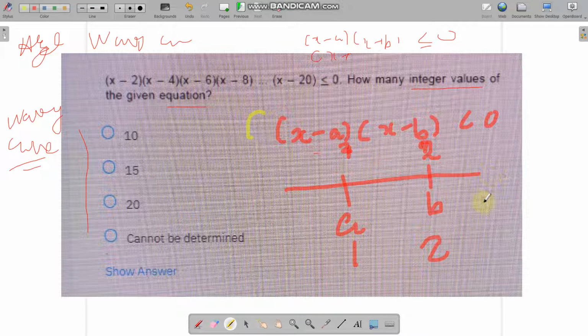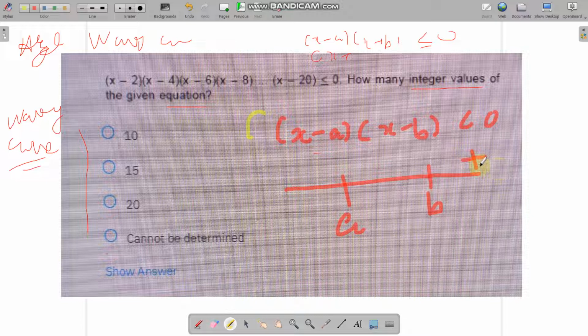Beyond this, if we take any value, say x equal to 3, we'll be getting positive here and positive here as well. So this will overall be a positive quantity, because both are positive. So immediately, after plotting this curve, you should mark this region as positive.